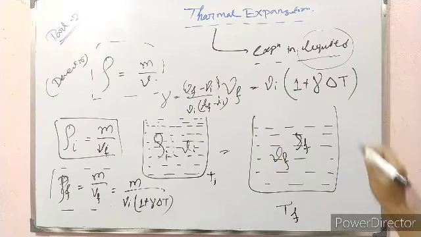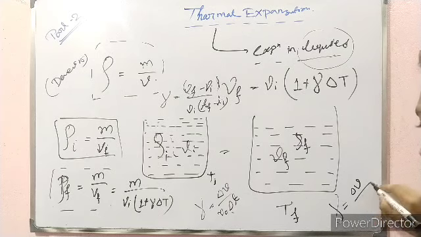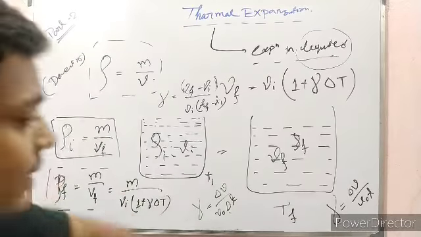It can also be written as gamma is equal to delta V by V naught delta T. Okay, I hope this is clear.